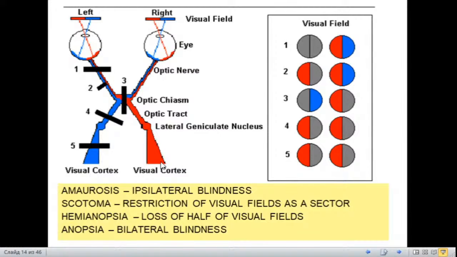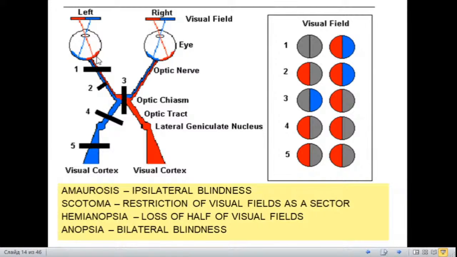And I would like to give you some clinical issues related to the conducting tracts of the visual analyzer. Let's consider case number 1. In case of damage to one optic nerve, let it be the left optic nerve, as you can see, this nerve has a blue line and a red line from the corresponding half of the retina.